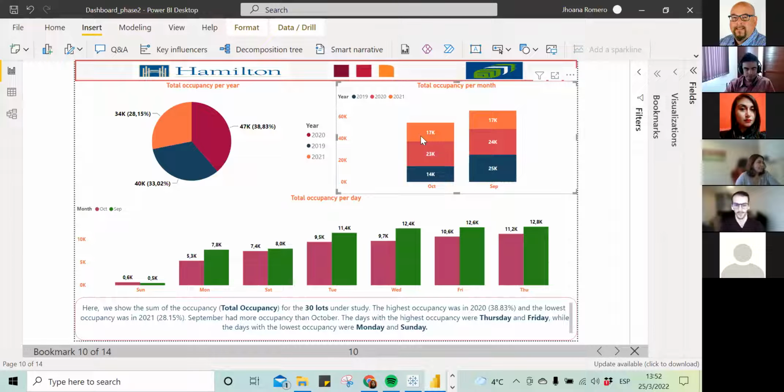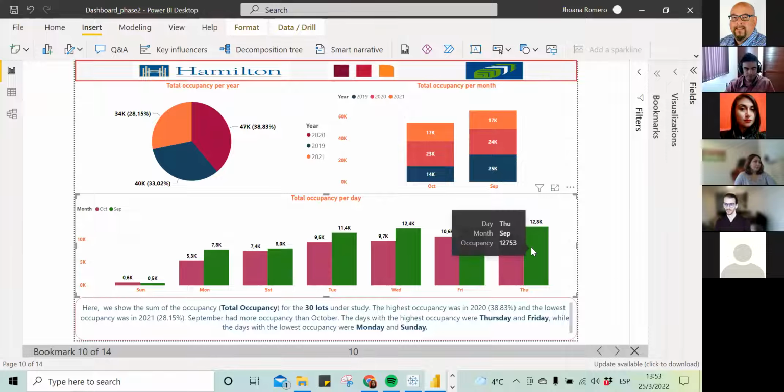Per month, we can also check that September had the highest occupancy in comparison to October, and in blue, red, and orange, we can check the occupancy per year. Finally, in this bar chart, we can discriminate the occupancy per day.